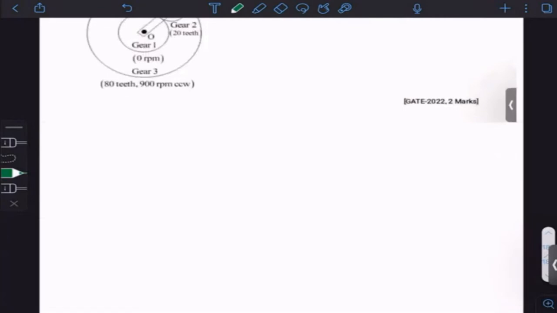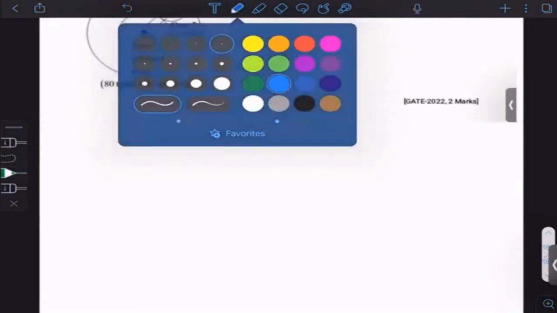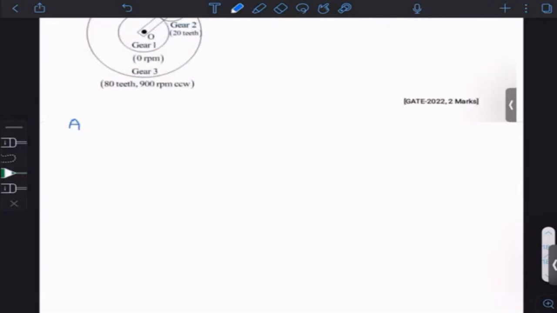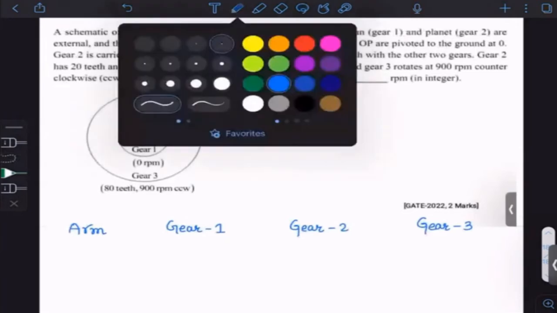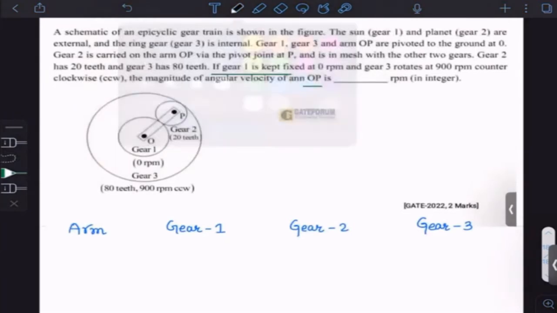We know very well what we are going to do. We have these columns: arm, gear 1, gear 2, gear 3. Now see, everyone, the speed of gear 1 will be 0.